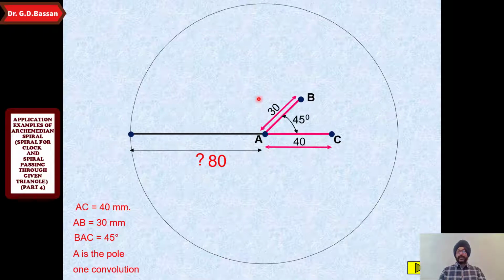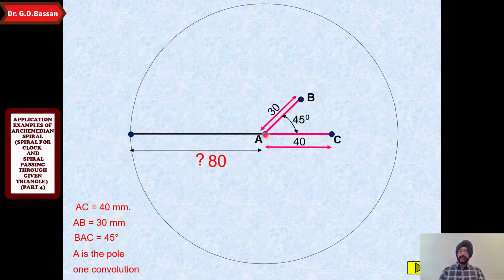It is moving this way, and for one complete revolution it will coincide with this particular line. So always, when putting the final radius vector line, you must see for how many convolutions the line is rotating and what the final position of the radius vector should be. That you have to identify from the starting point and the number of convolutions.